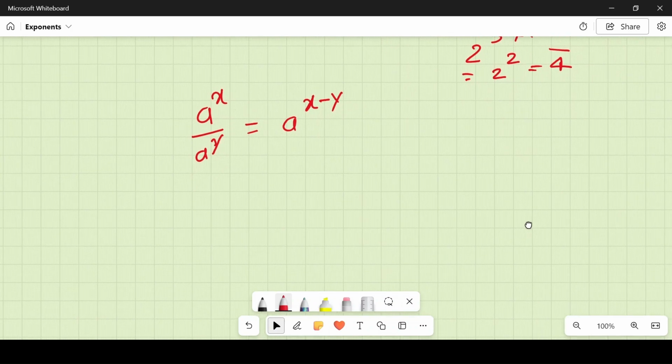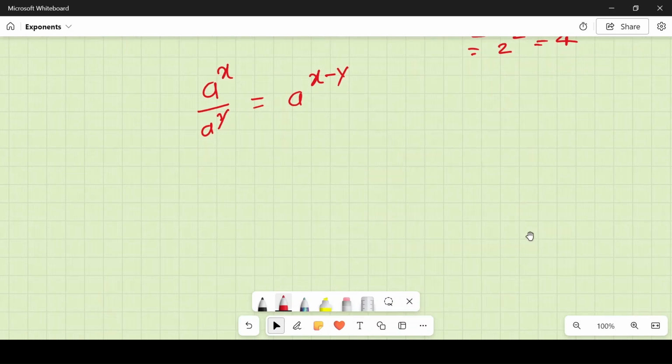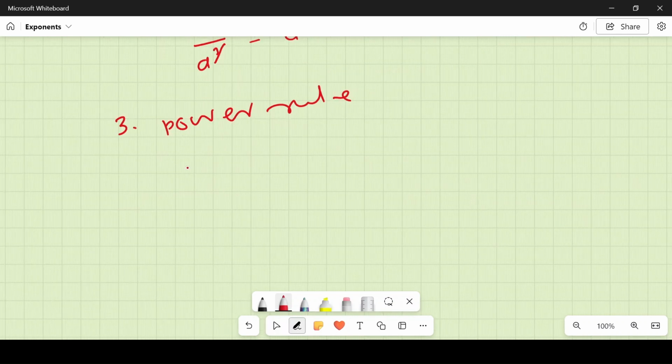Now we are moving toward the third rule, that is the power rule in exponents. How does the power rule work? When we are raising a power to another power, like we have a base A with power 2, and we are again raising all this power, A squared, to 3, then the power rule tells us that we simply multiply those exponents.